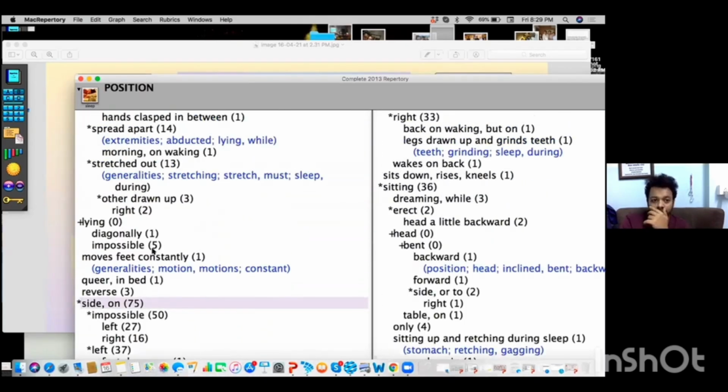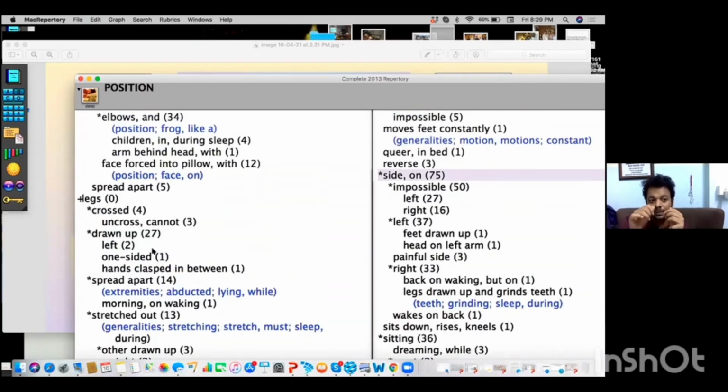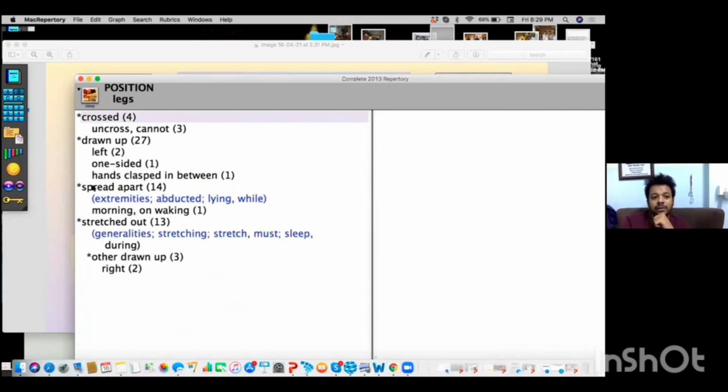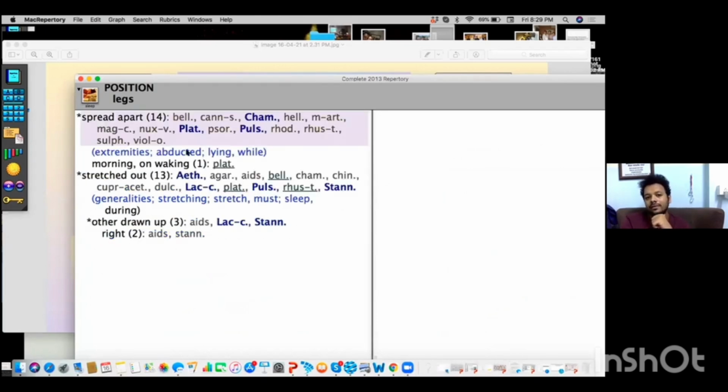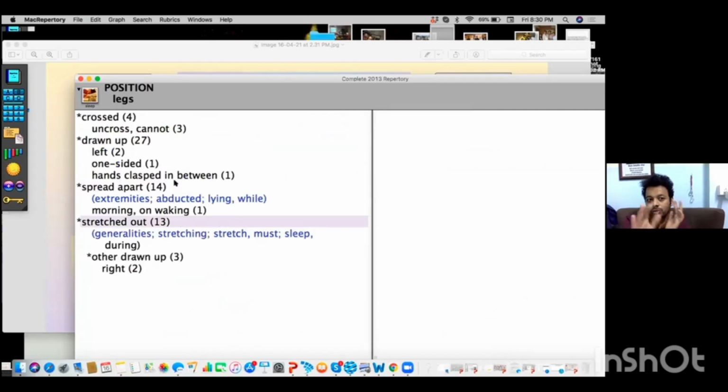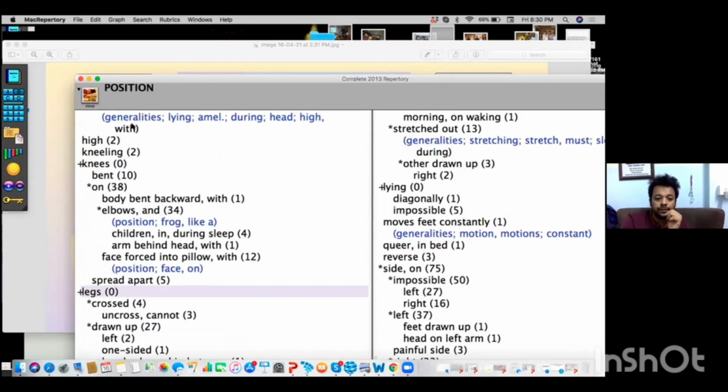Very, very peculiar. Sometimes the mothers send me the picture of how the children are sleeping. For example, some people like to sleep with their legs spread apart, like pulsatilla, like sulphur, like magnesia carbonica. Some like to keep stretched out, like lac caninum. So sleep position, one of my favorites, and this is something I do a lot.